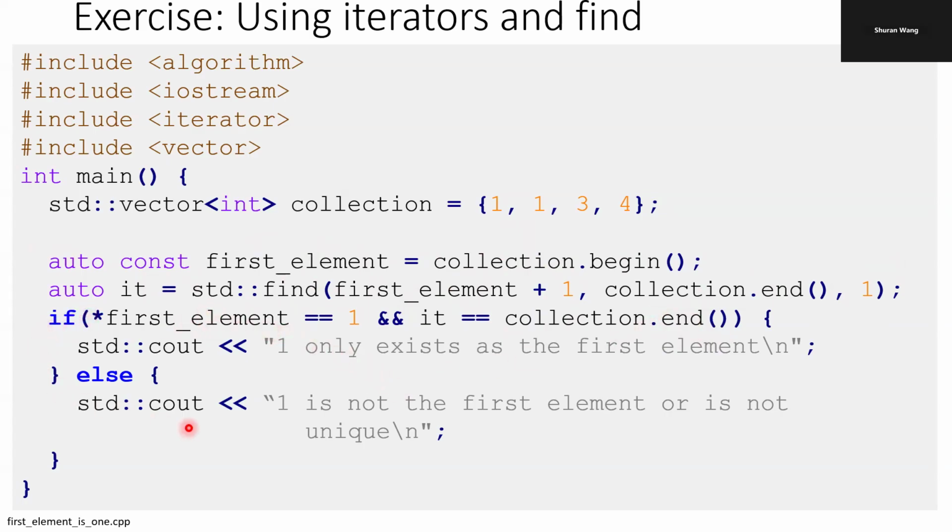Anything else, like if the first element is not 1, or if it is not returning collection.end, that means that 1 is not the first element or is not unique. Is this good? Clear?